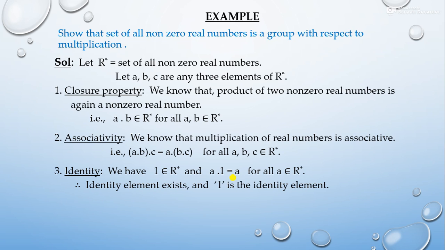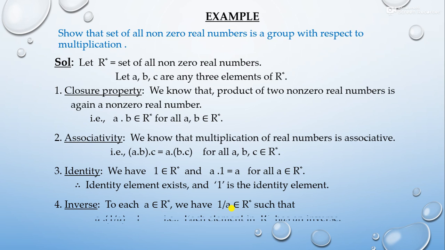Now the fourth one is inverse. Suppose a is any non-zero real number, and suppose we say that 1 upon a belongs to the real numbers. It is obvious, because real numbers may be anything, so 1 upon a is also a real number.